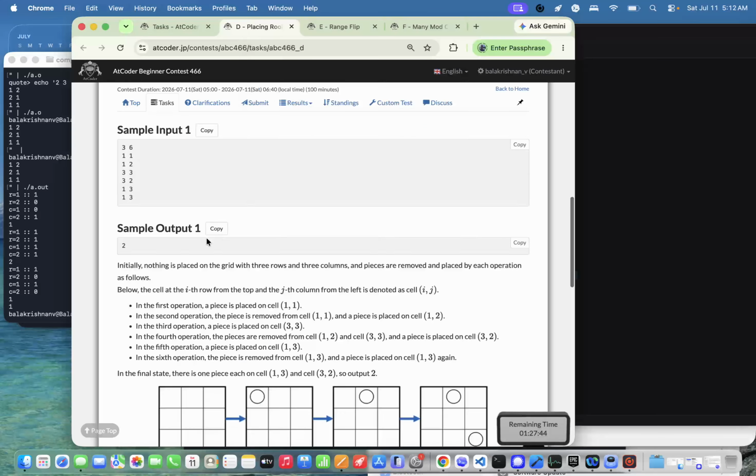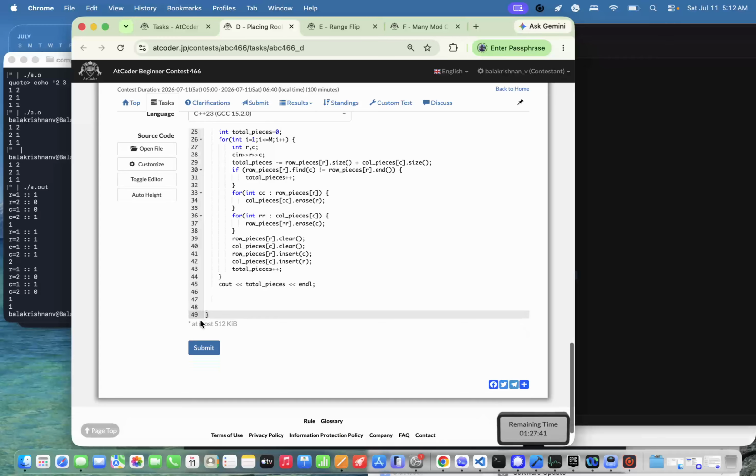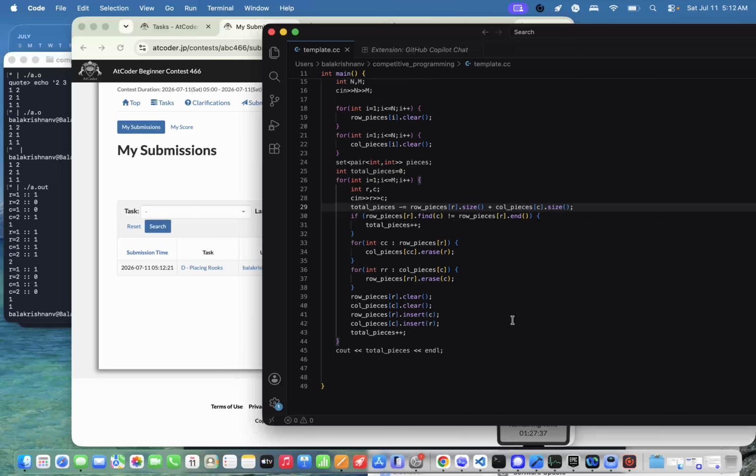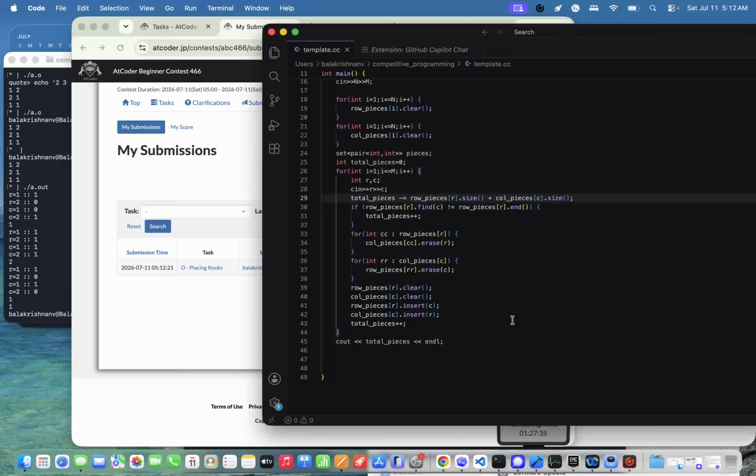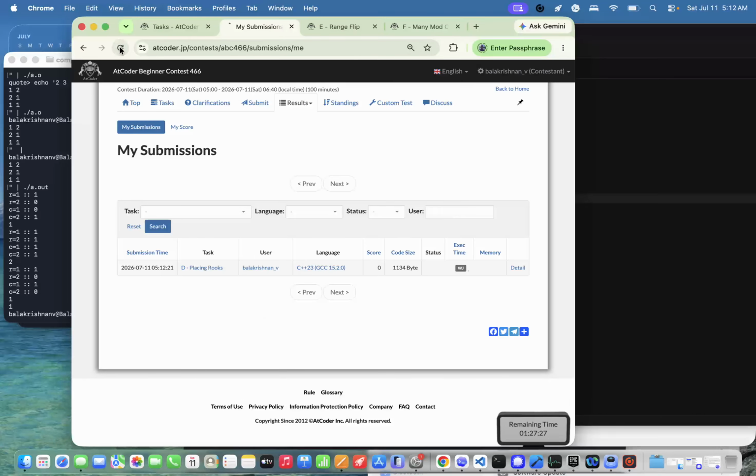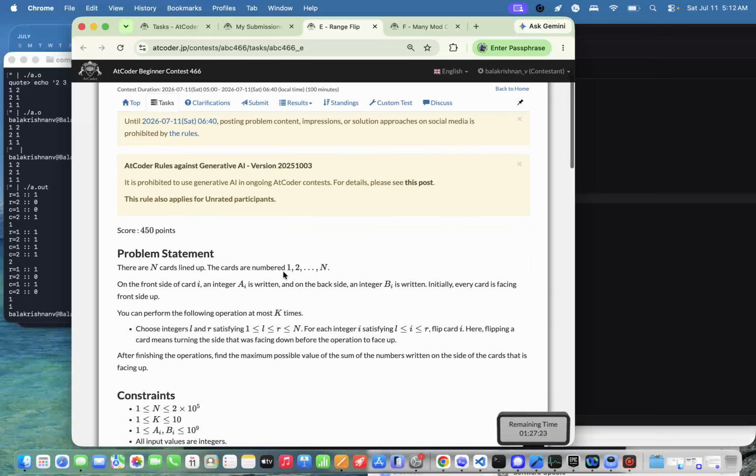Very sparse. That might not. Okay, it's worked.